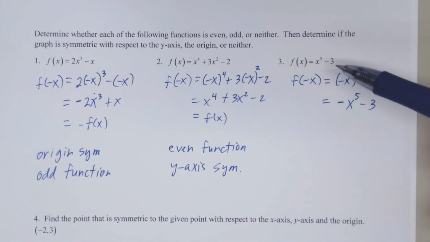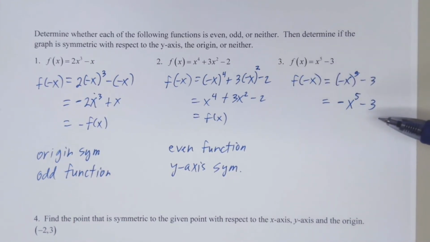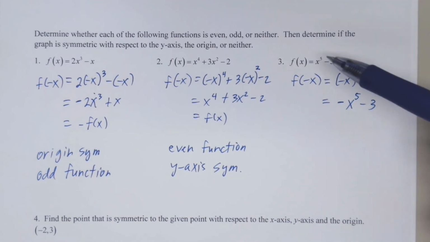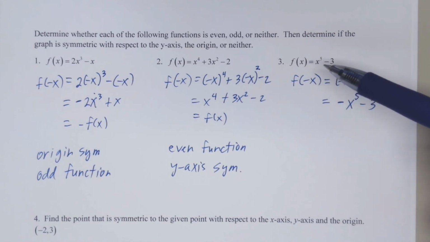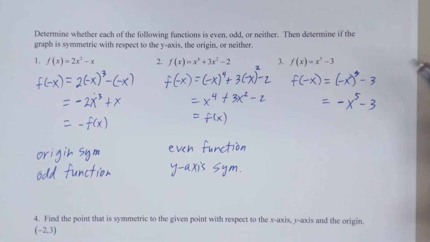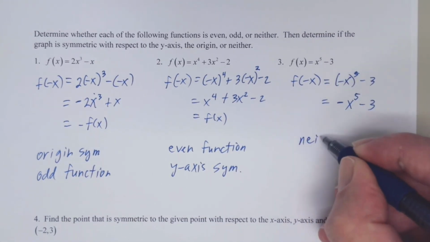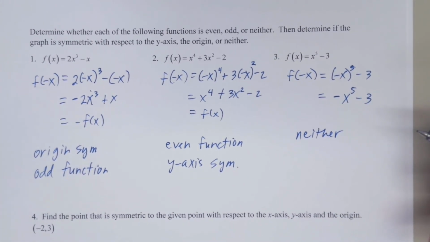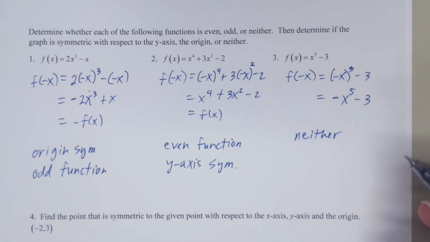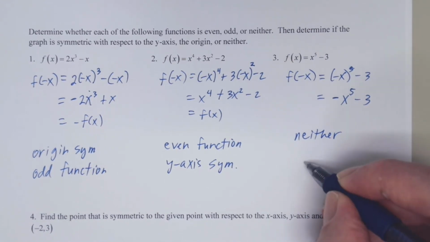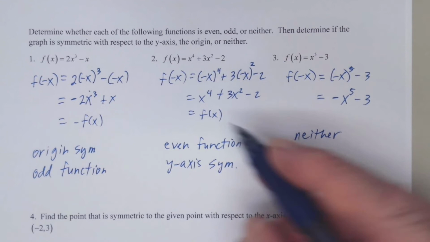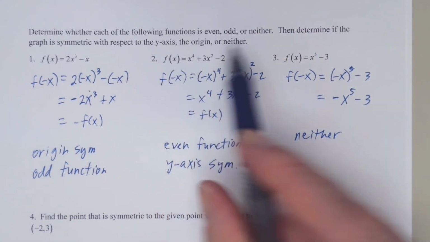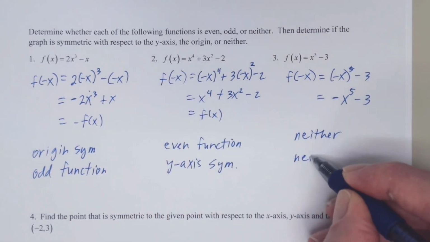Now notice that's not equal to the original function, and it's not the opposite of the original function. The opposite would have been minus x to the 5th plus 3. And so in this case, we have neither an odd nor an even function, which means we don't have any of these symmetries. So we could say we don't have y-axis or origin symmetry. We'll say neither for that as well.